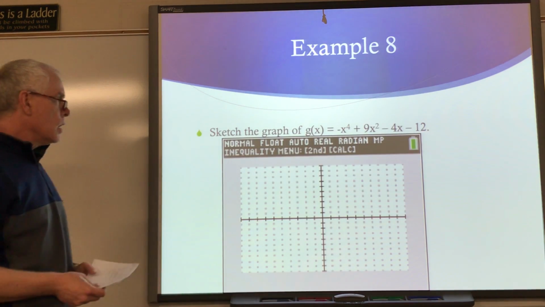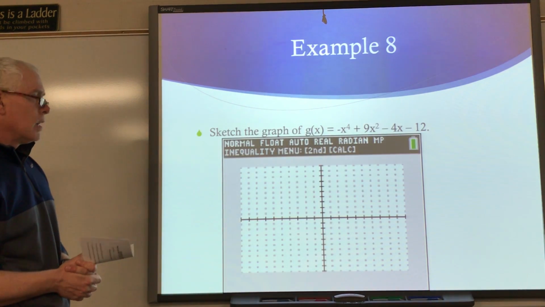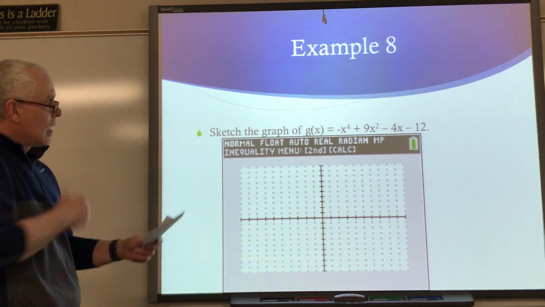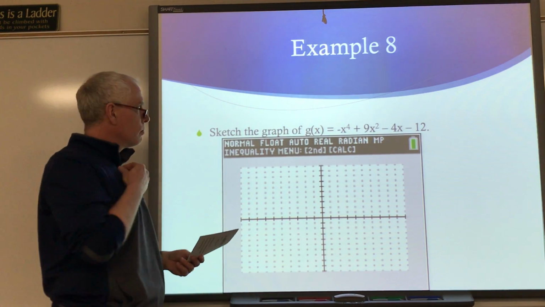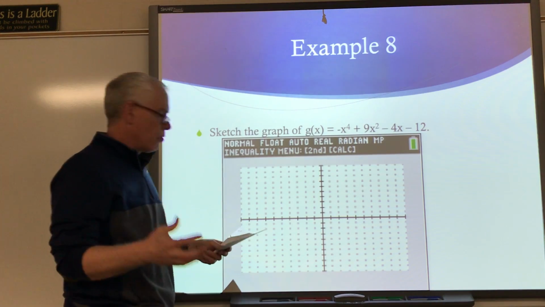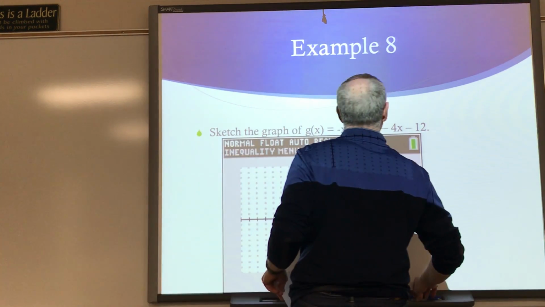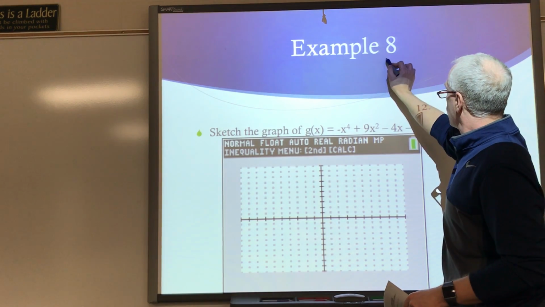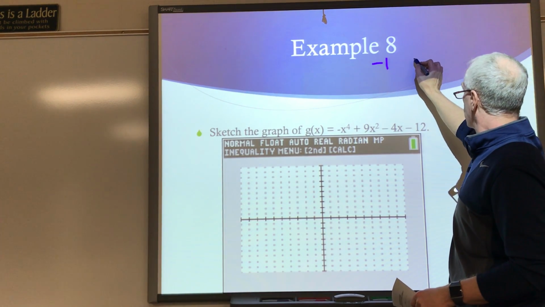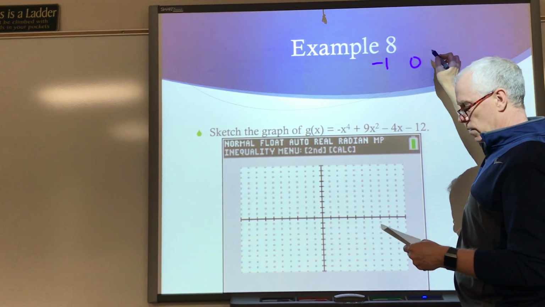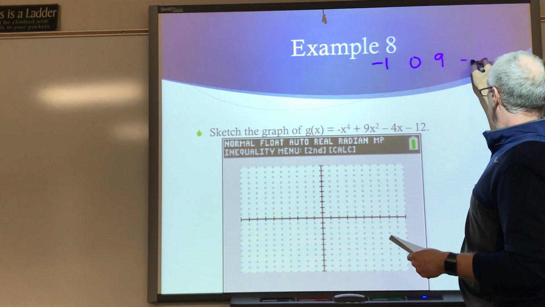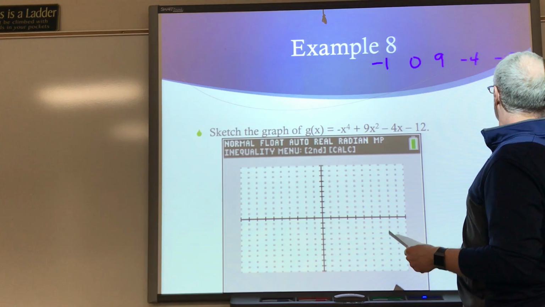So, graph this function. Well, see, the last function was in that factored form for us, so I had some stuff already simplified for me. This one's not, so let's do some of that work up here. I've got negative 1 x to the 4th, 0 x to the 3rd, 9x to the 2nd, negative 4x, and then negative 12, okay?